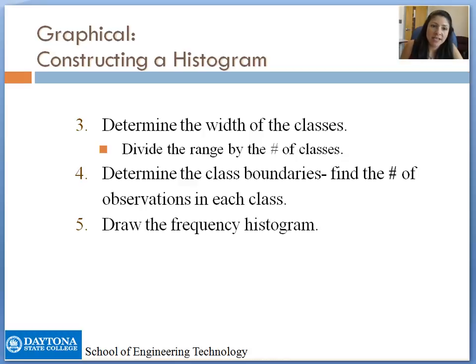Once you determine the classes, you have to determine the width of the classes, and the way that you do it is you divide the range by the number of classes. Then you determine the class boundaries. So you find the number of observations in each class, and that will determine the frequency for that specific class. And then you draw the diagram.